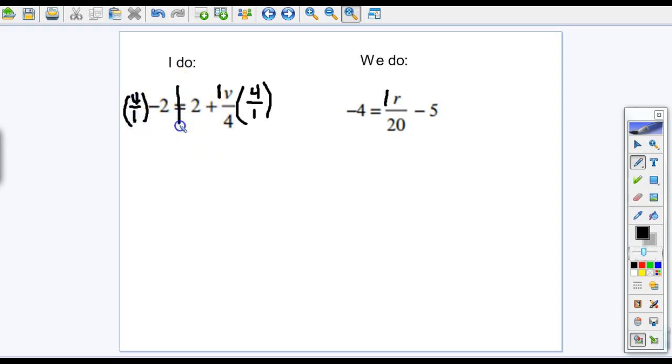It's a positive 4 over 1 because of the plus sign in front of this fraction. Just draw a line. Make sure you include your line. What happens here is 1 cancels into 1, 4 cancels into 4. This becomes 1v. So my new problem on the left side is 2 plus v.